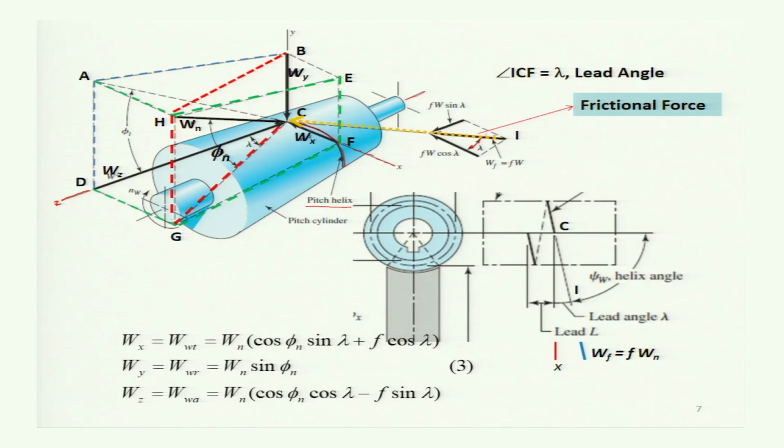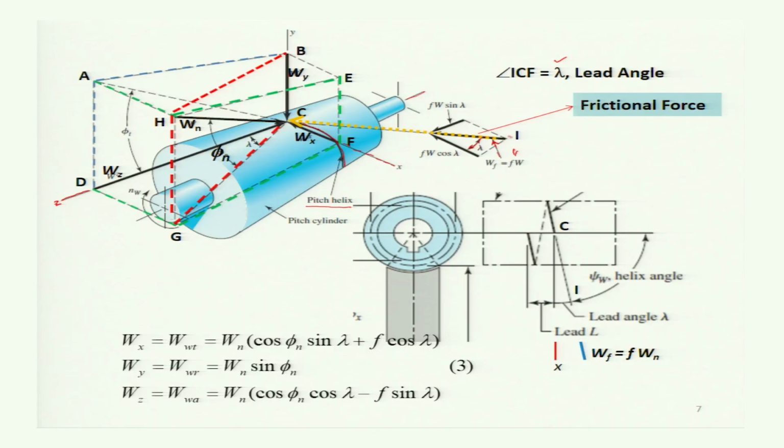So along this IC, the frictional force will act, and this is the frictional force Wf, I to C. The angle between IC and the x-axis is the lead angle, which we had already studied.